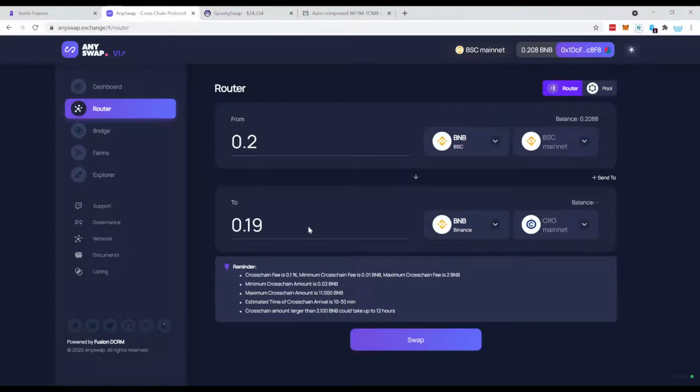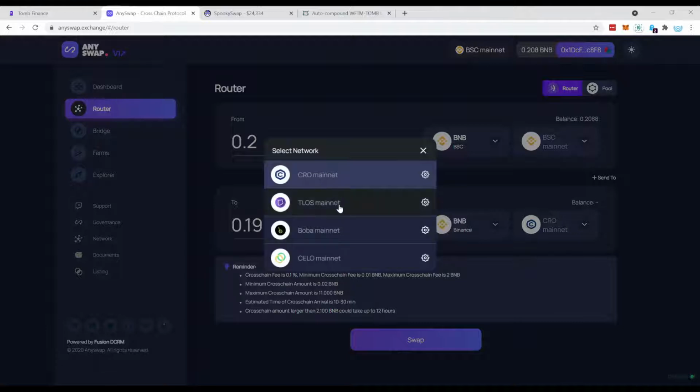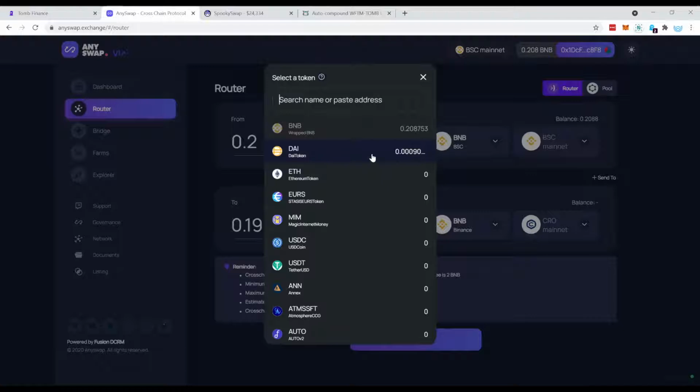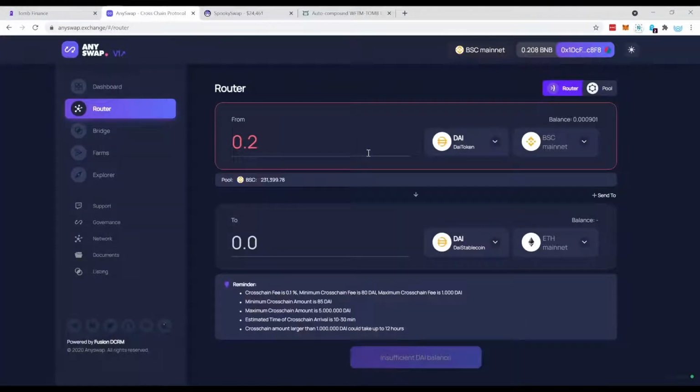And then it tells me how much it would be on the other chain. You see, this is very important because some assets are not compatible with all the other chains. So you have to choose an asset which is compatible with all the others. DAI, for example, is for sure. So if I take this amount, 0.009, no? Okay, probably this amount is too small.